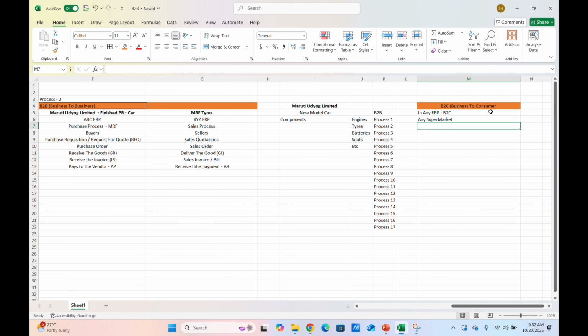You take any supermarket, like DMart, Reliance, Walmart, Big Bazaar, online platforms or any other.